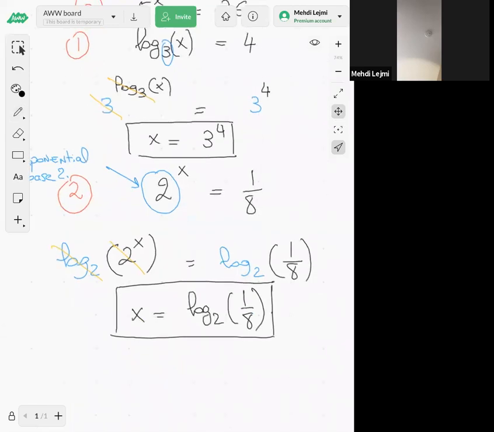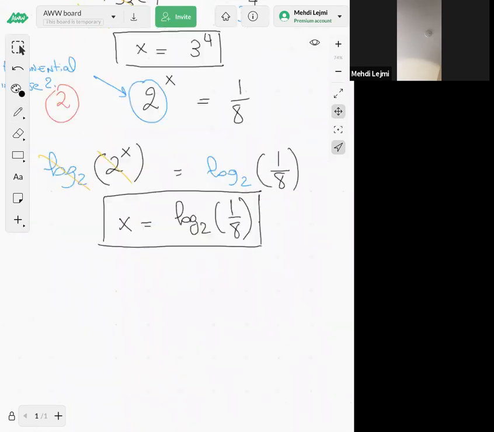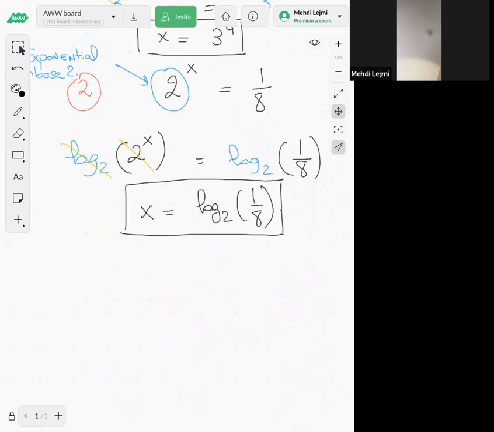For number 3, the same idea. So it's 5 to the power x equal to 26. On the left side, I have an exponential in base 5. So I'm going to apply log both sides. So here's log in base 5.